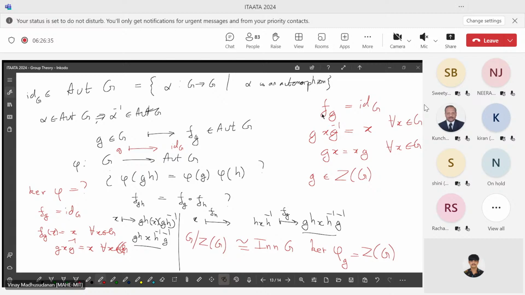We put the argument. Suppose we want x is equal to x.